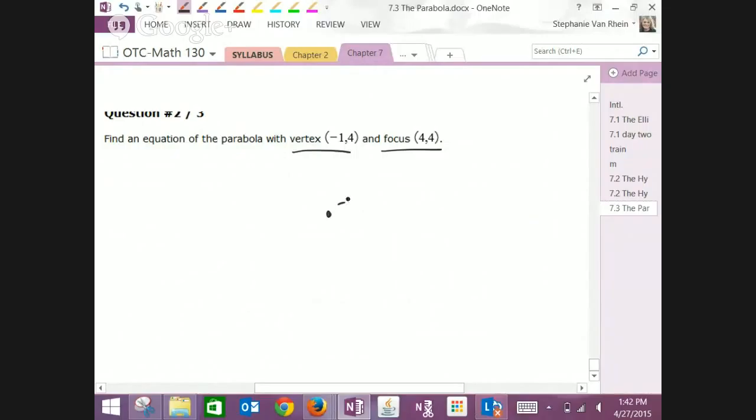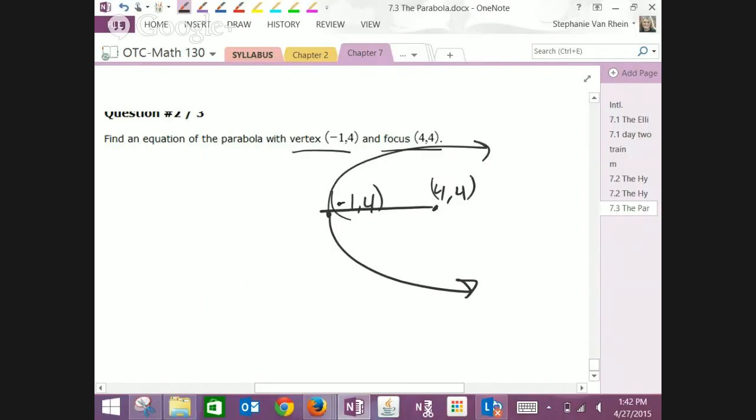If this point is (-1, 4), the focus would be (4, 4), meaning it's going to open to the right, because you always open towards your focus. If I'm at (-1, 4) and my focus is at (4, 4), then P is 5, because I'm only changing the x, and I go from -1 to 4.